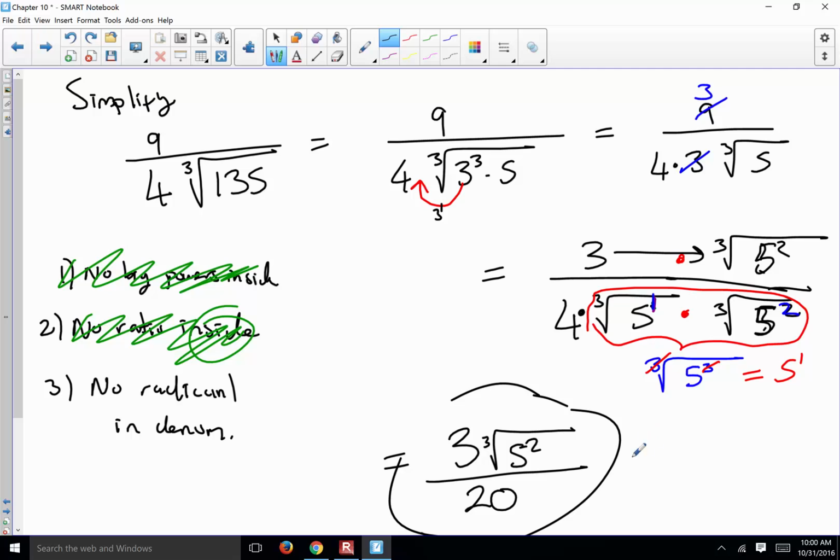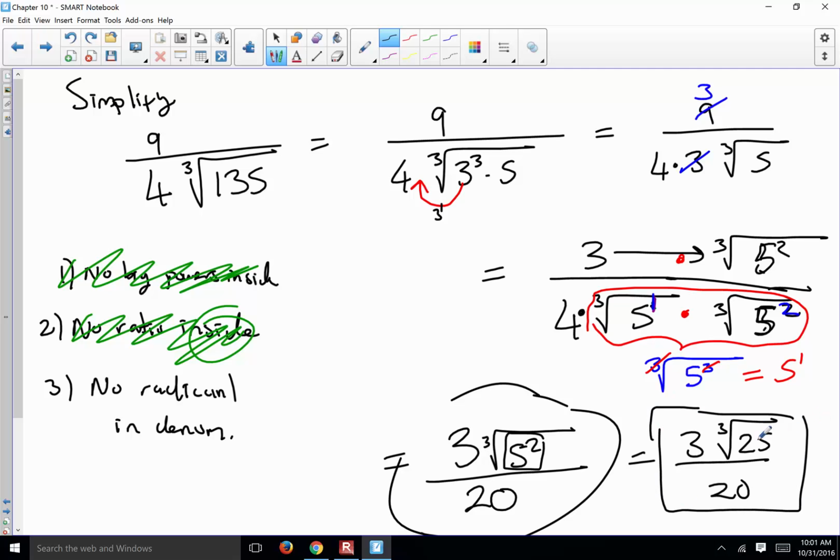Actually, you can make that 5 squared into 25 now, because we are all done. When you're done, you don't have to keep things in power. You can make this 25. So 3 cube root of 25 over 20 is the answer. How did I get 20 again? I multiply 5 times 4 because when they combine, they break prison as 5. Okay?